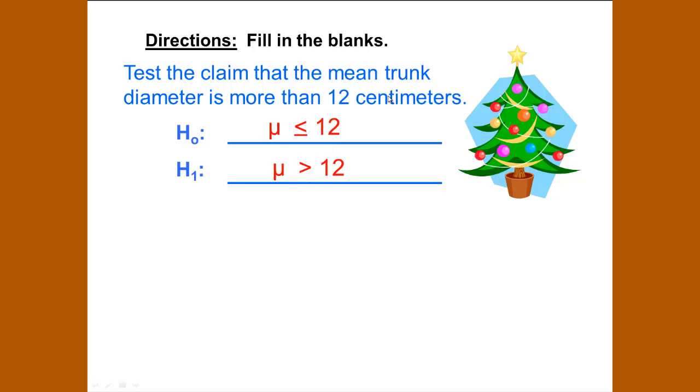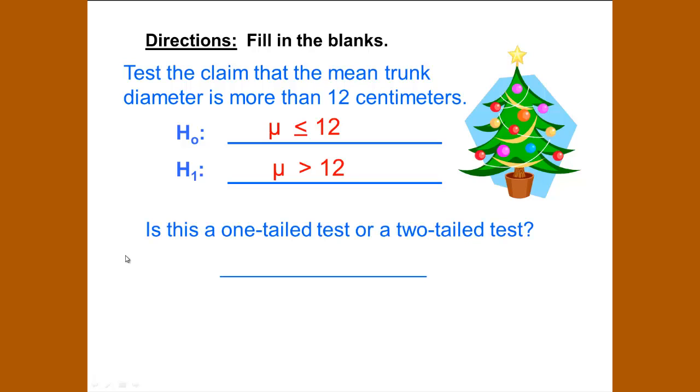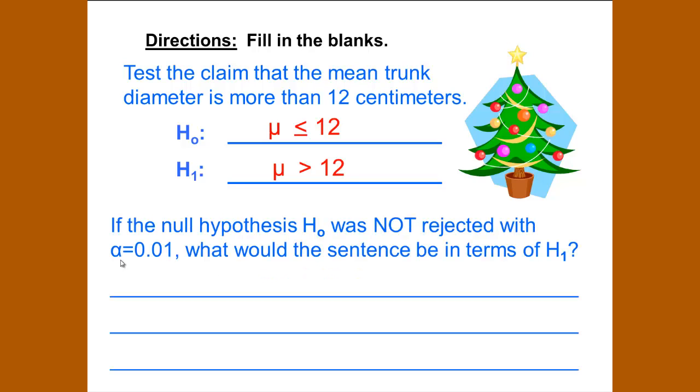Notice that the claim goes into H1 because it does not contain the condition of equality and because it is what we want to prove. Is this a one-tailed or a two-tailed test? Mu greater than 12 would be a one-tailed test, and would actually be a right-tailed test.